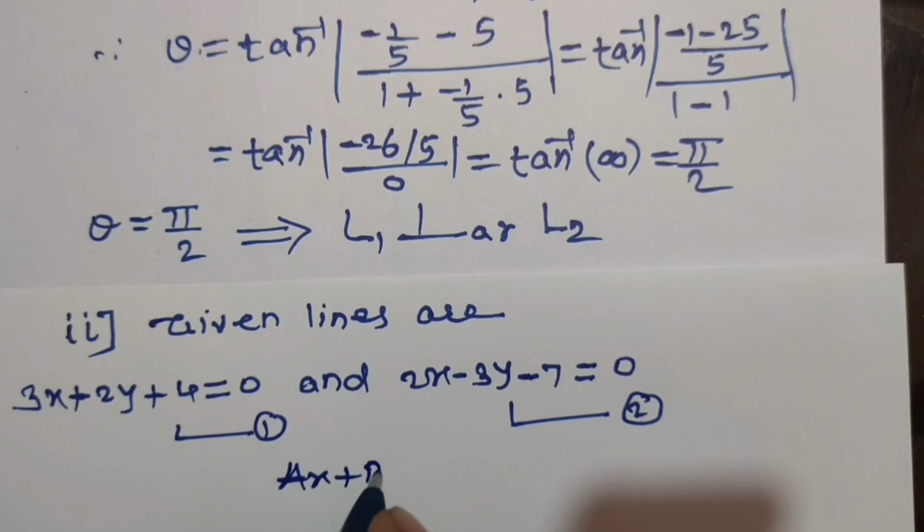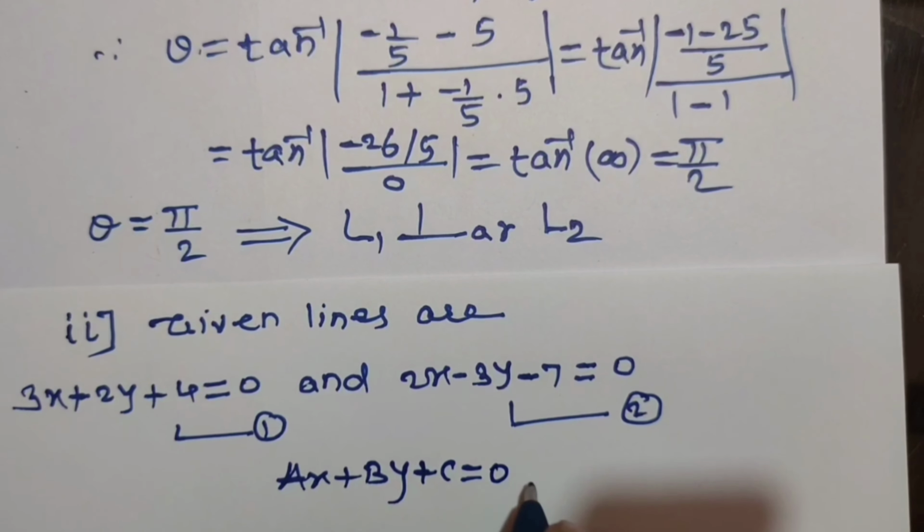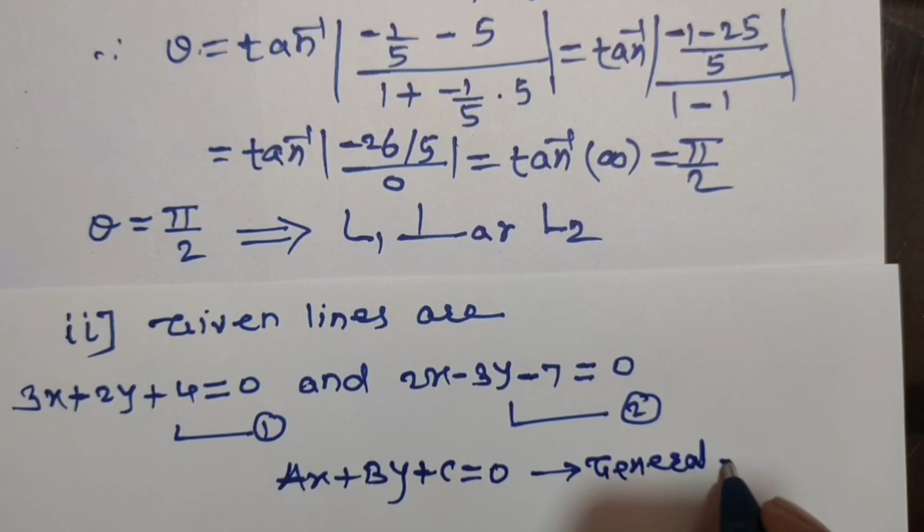Now we have to compare these two lines with general equation of straight line, which is given by ax plus by plus c is equal to 0.